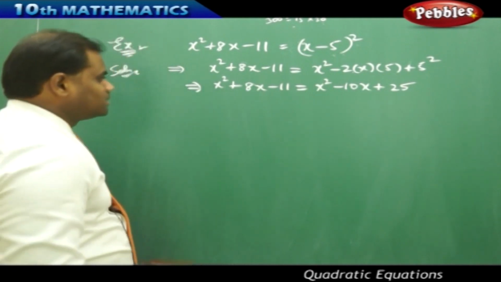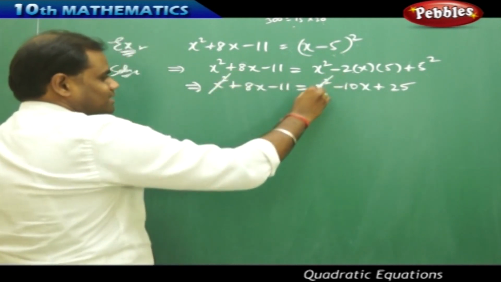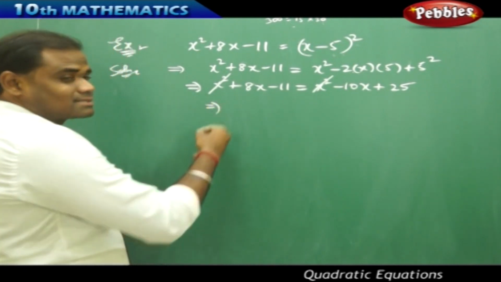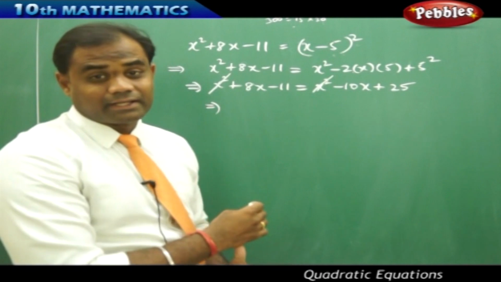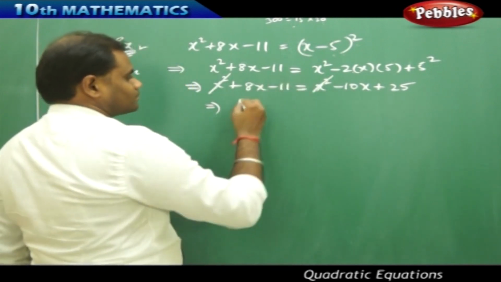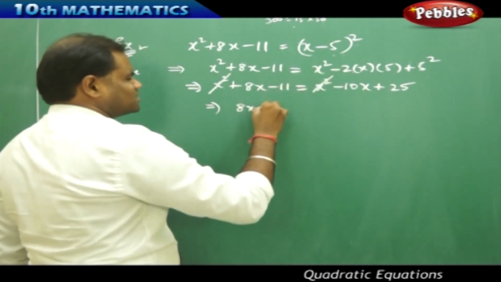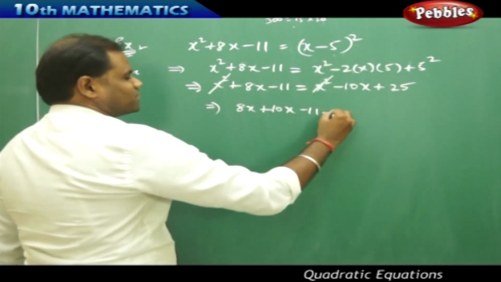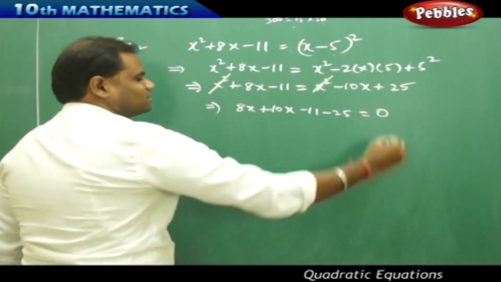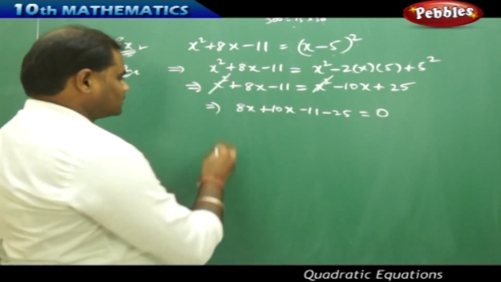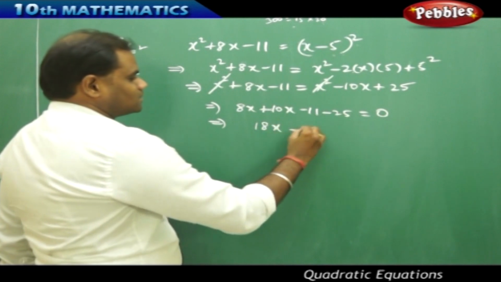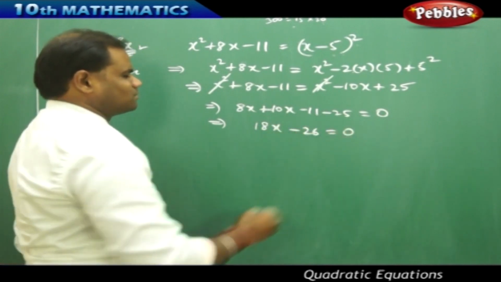Now, as I see here, this x squared clearly gets cancelled, and then finally, when I bring all x terms and constants to the left, I get 8x plus 10x minus 11 minus 25 equal to 0. On further simplification, this gives 18x minus 36 equal to 0.